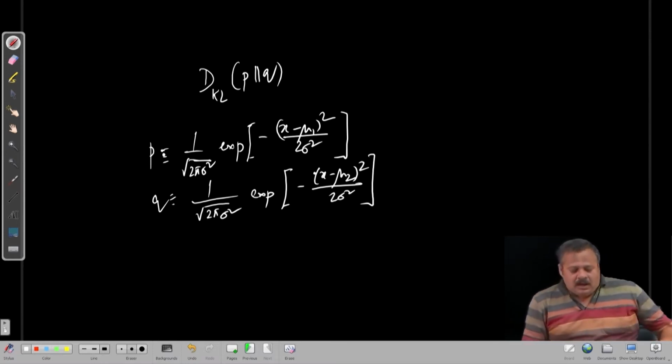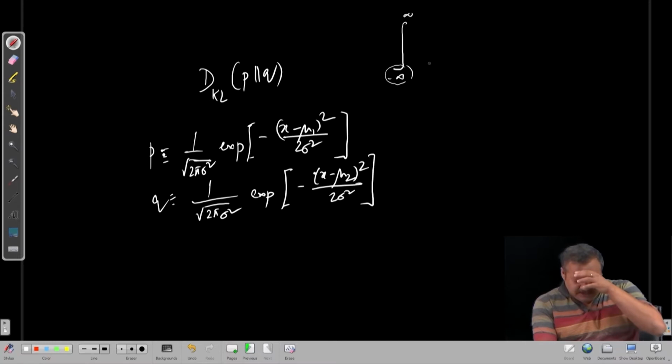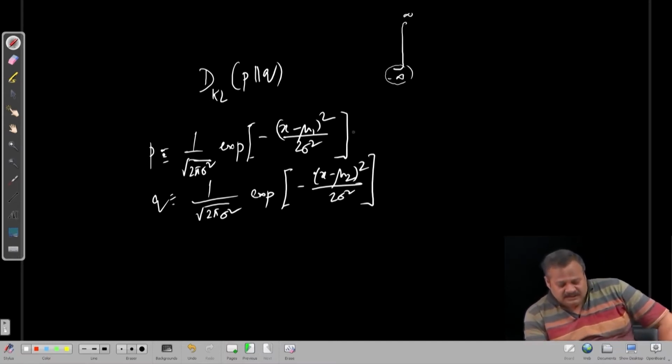So what is the KL distance from between these two? We simply apply, instead of the sum, the integral, in this case from minus infinity to infinity. This is a problem in the sense that it is not possible for the rate distribution to be Gaussian at all.